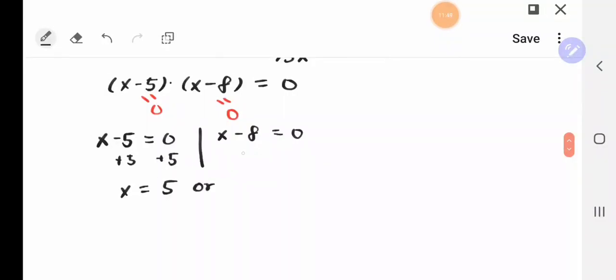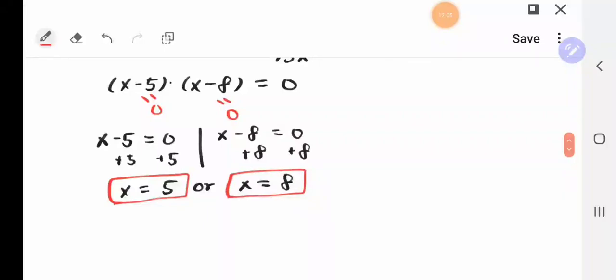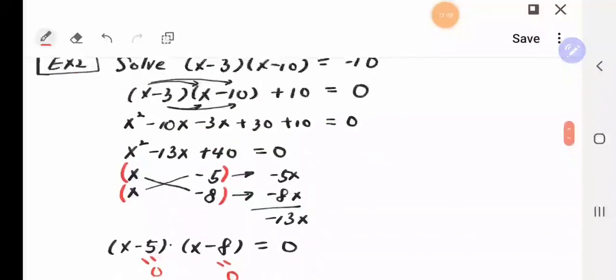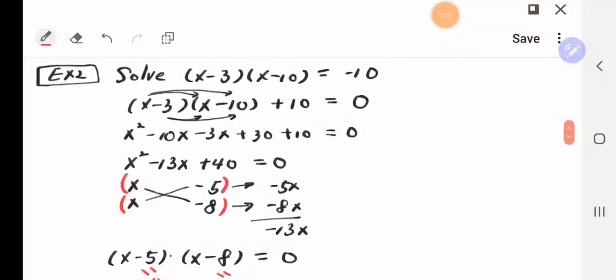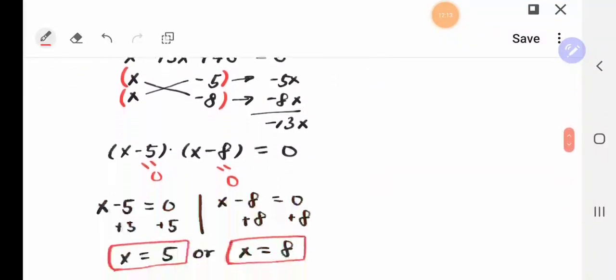Or plus 8 each side, then x equals positive 8. So we have two solutions. x is 5 or, sorry, 8. So if x is 5 or 8, then the equation will be true. So there are two solutions.